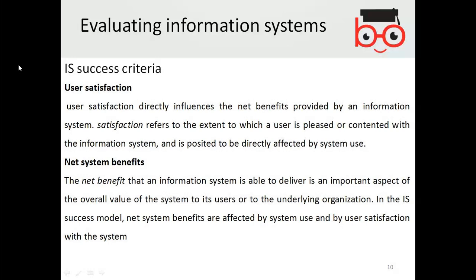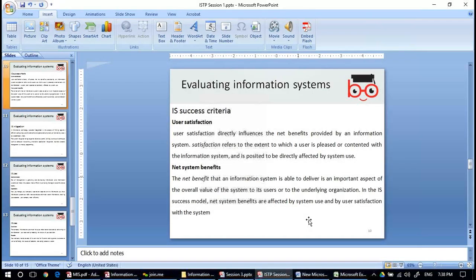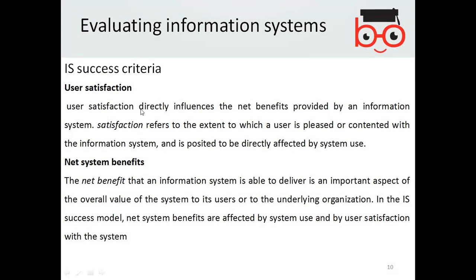User satisfaction is also a concern. The user satisfaction directly influences the net benefits provided by the information system. Satisfaction refers to the extent to which a user is pleased or contented with the information and is predicted to be directly affected by the system use. So the position of user satisfaction is important.